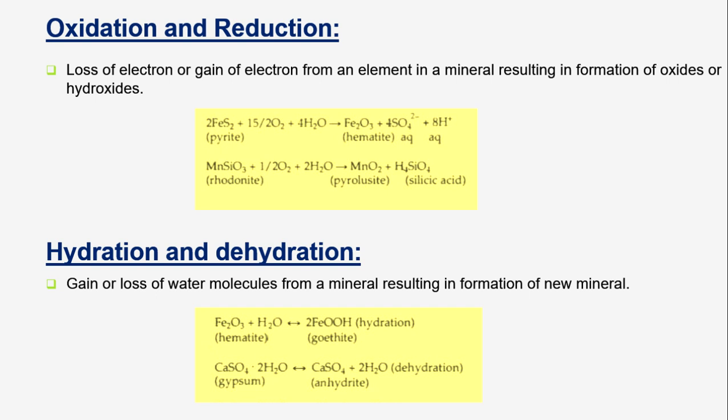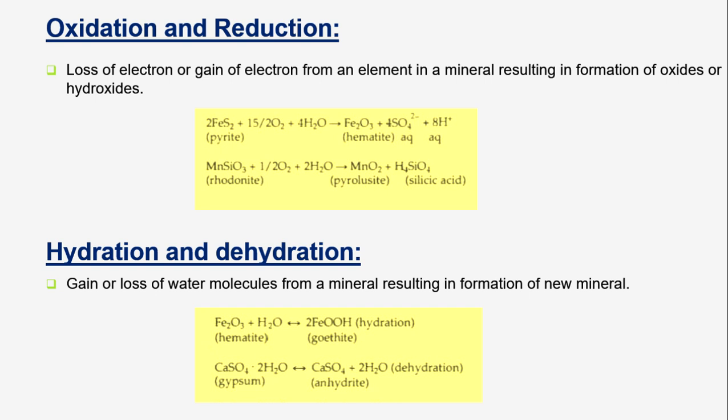And in the reverse case, if we are getting pyrite, we generally say it is formed in a reduced environment. The other most common example is rhodonite. The rhodonite, which is the Mn silicate, will react in the presence of oxygen to give out pyrolusite.